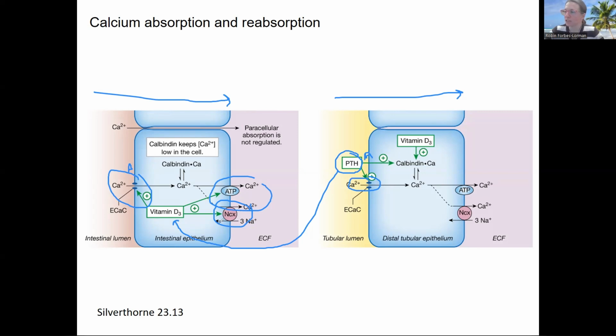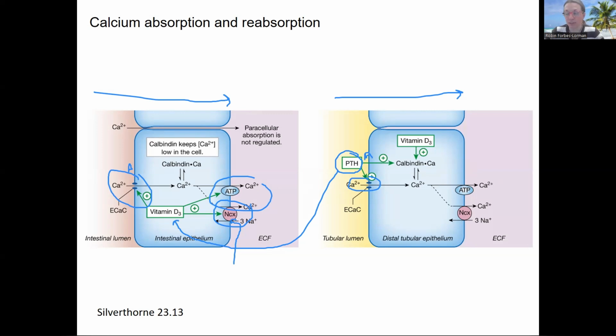So sodium enters and calcium leaves. Why does sodium enter? There's a gradient for sodium to enter. So this is secondary active transport. This channel here is the sodium calcium exchanger. Sodium's N, calcium C, X for exchanger. It's an antiport exchanger. So that's secondary active transport. There's also ATP pumps that pump calcium out on this basal surface as well.